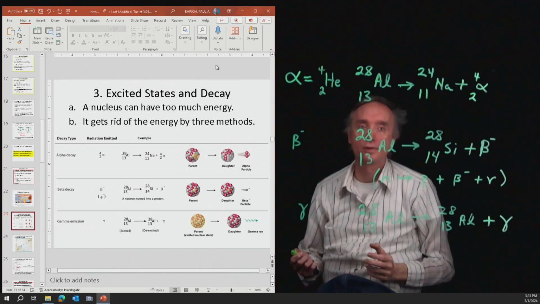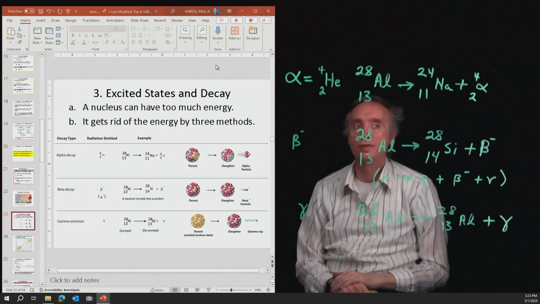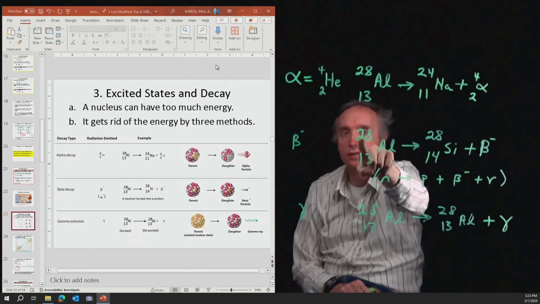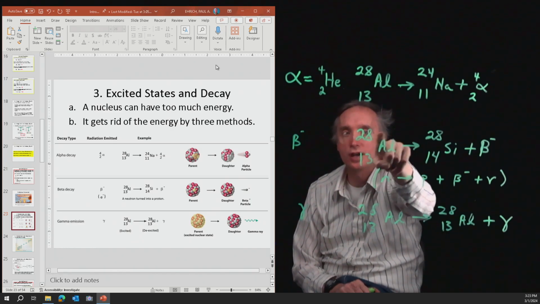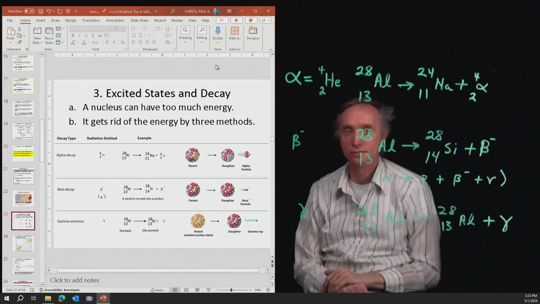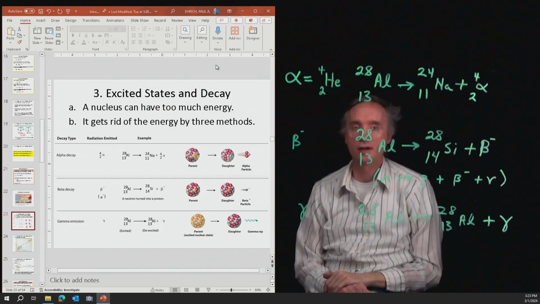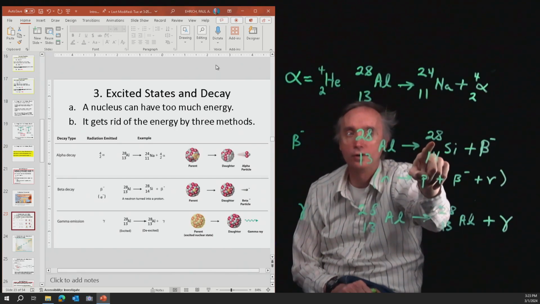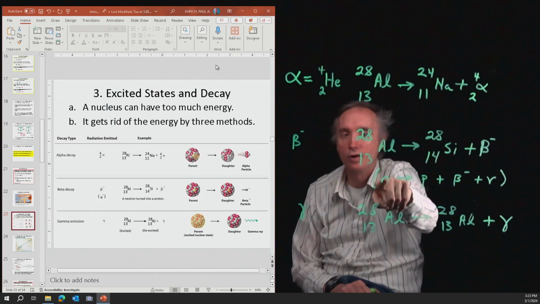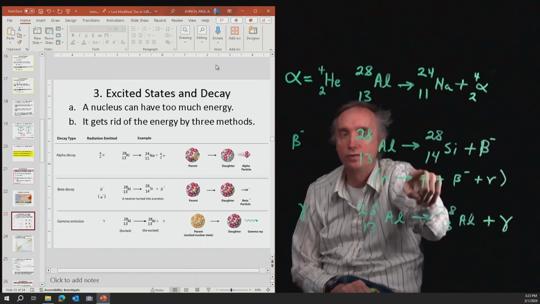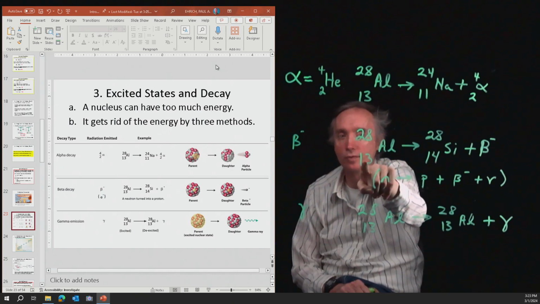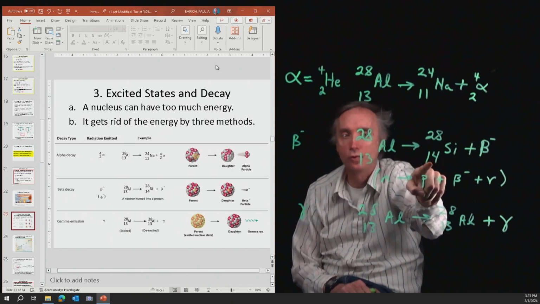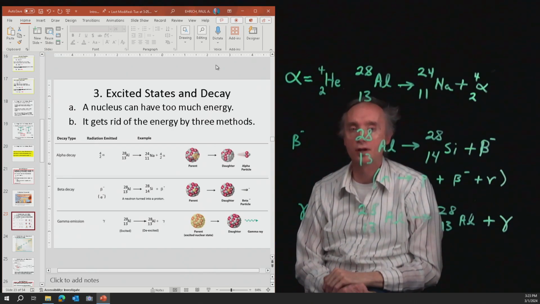Okay, so let's look at what happened to the numbers here. Do you see that this 28 changed into a 28? Well, that's not very exciting. So why did this number up here not change? After all, a neutron changed into a proton. So this one here has an extra proton. It went from 13 to 14. It added a proton.